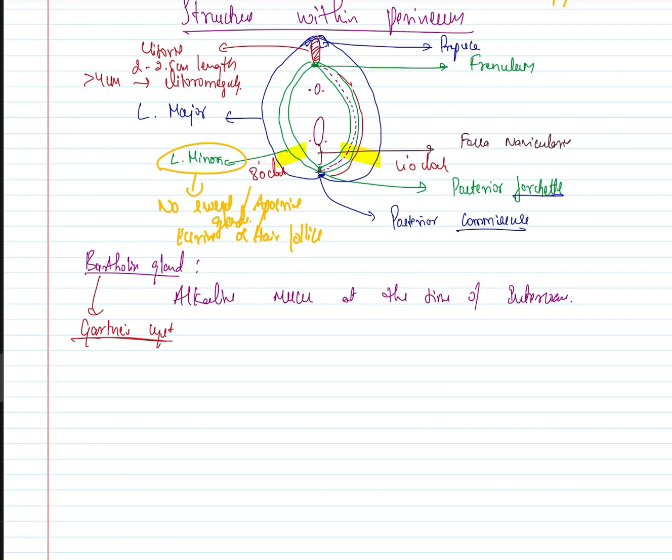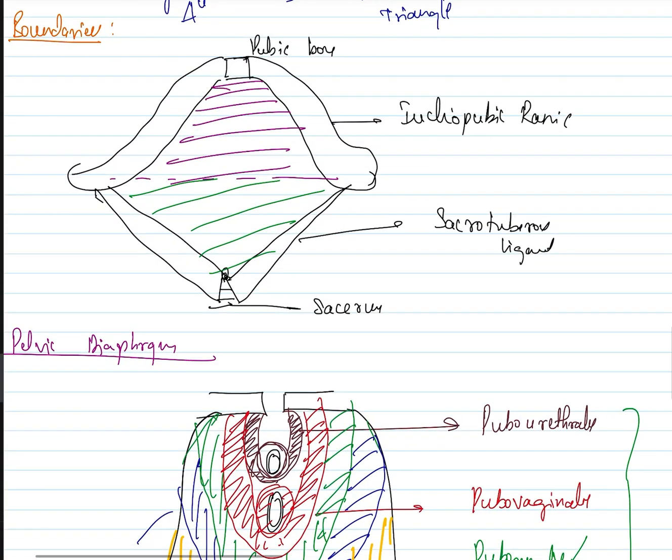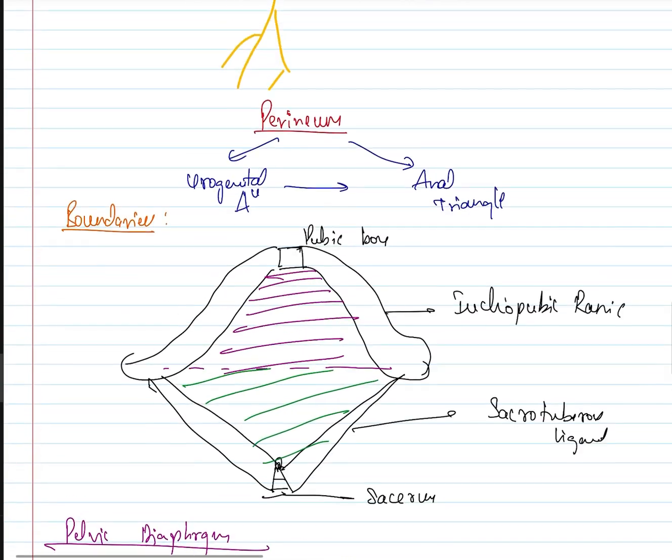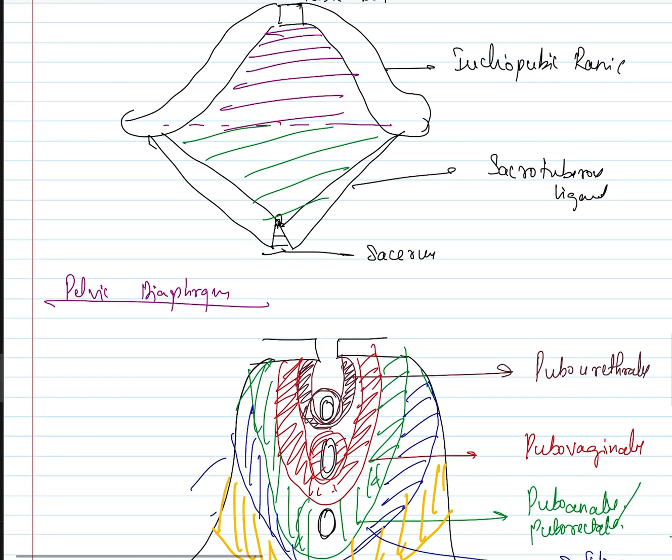Okay, and I have already told you about the anal triangle and your urogenital triangle. At the junction of these is your perineal body.